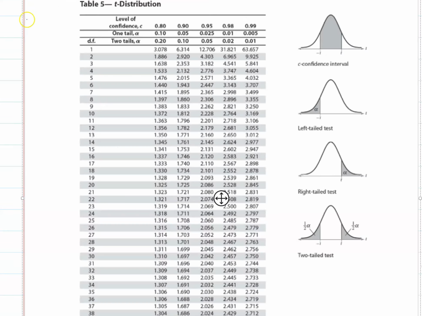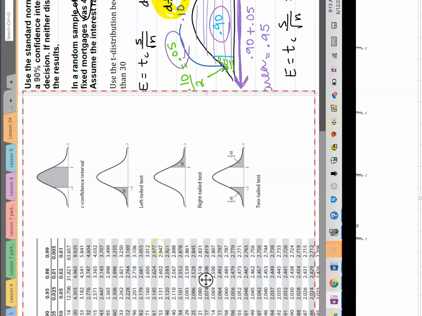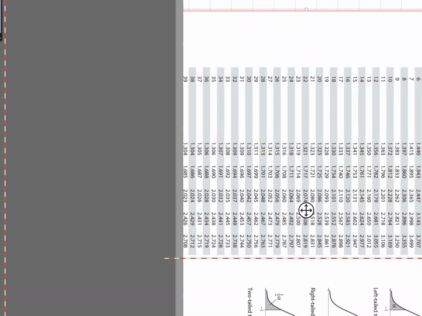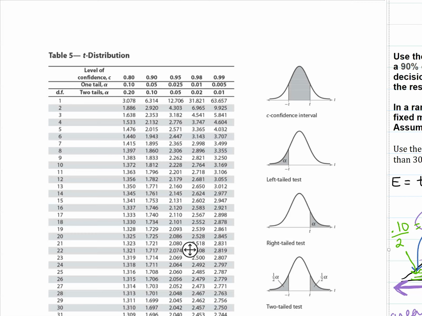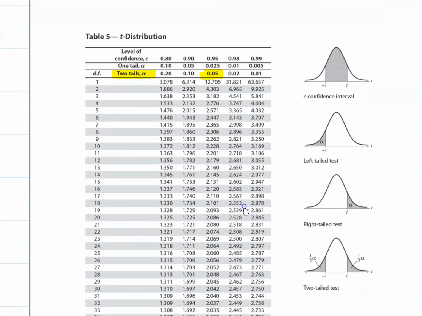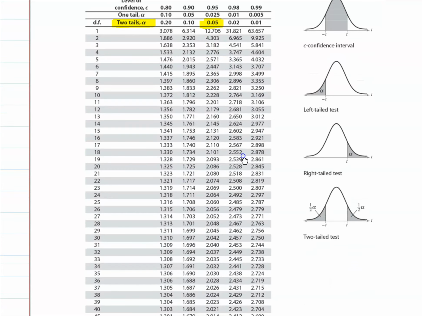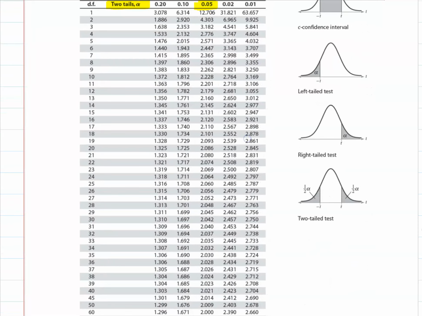So looking at our t-distribution table, we have a two-tailed test. So we are going to be looking in the column with two tails, and our alpha value is 0.05. So we're looking down this middle column here. Our degrees of freedom is 42, but our table jumps from a degrees of freedom of 40 to a degrees of freedom of 45.